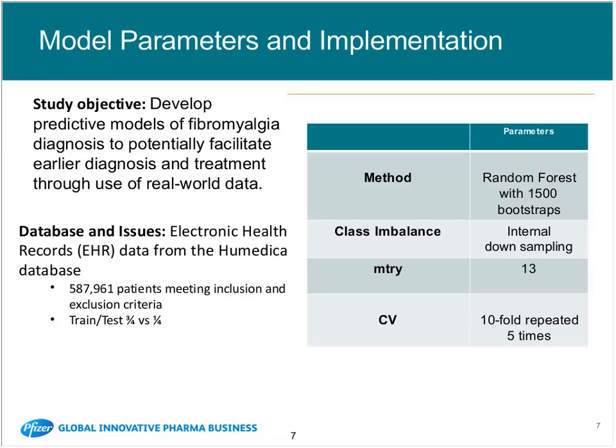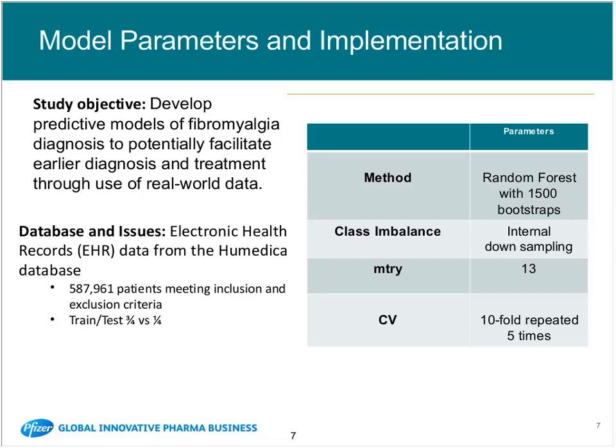Just a little background on the random forest. It's basically an ensemble method developed by Breiman. It uses classification trees on the bootstraps that we've generated. In this case, we use 1,500 bootstraps of the data sample that we have.